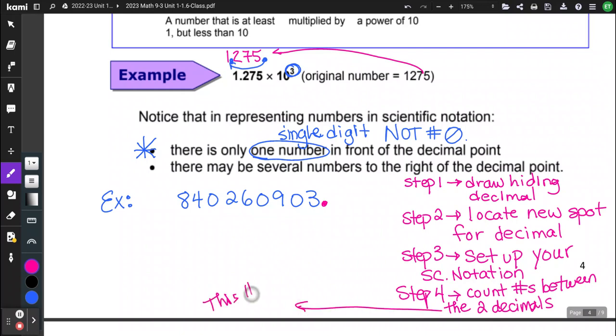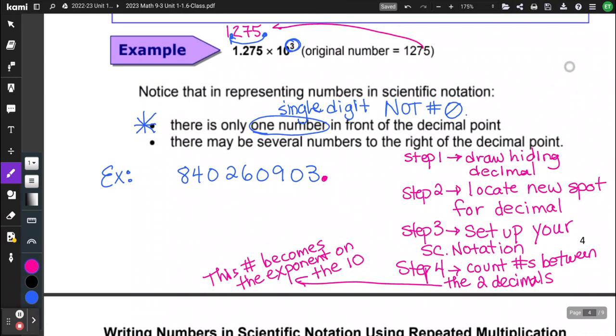This number becomes the exponent on the 10. Okay, so that number becomes the exponent on the digit 10. So write all your steps down first, and then I will do all of those steps with you together.